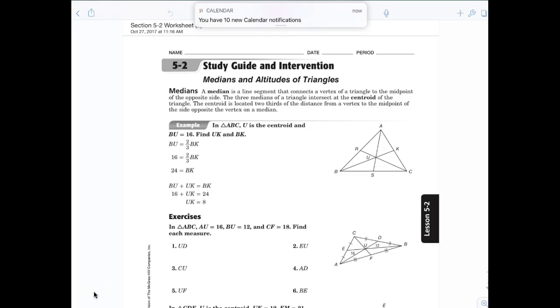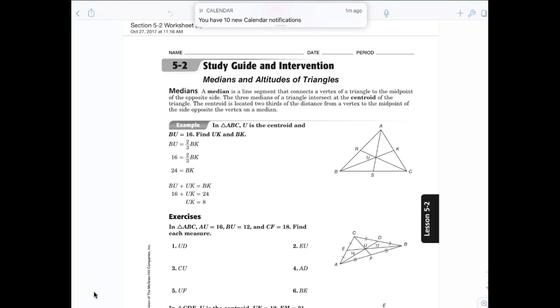Because they are perpendicular bisectors, the point of concurrency, which just means where all three lines intersect, is equidistant from the vertices.